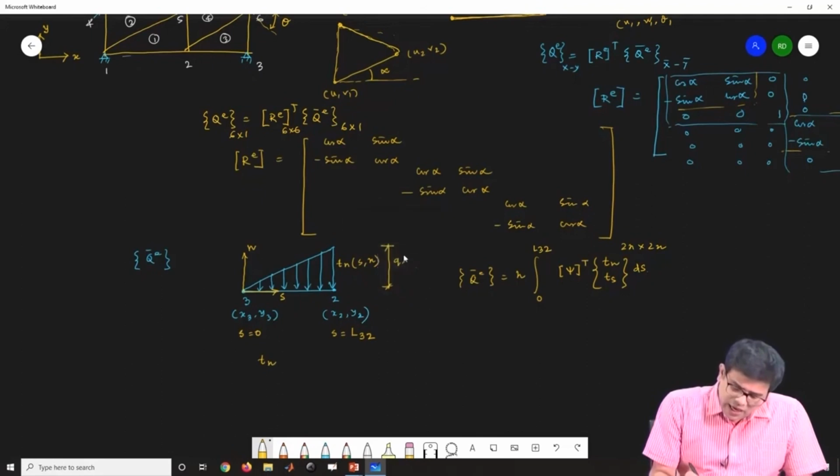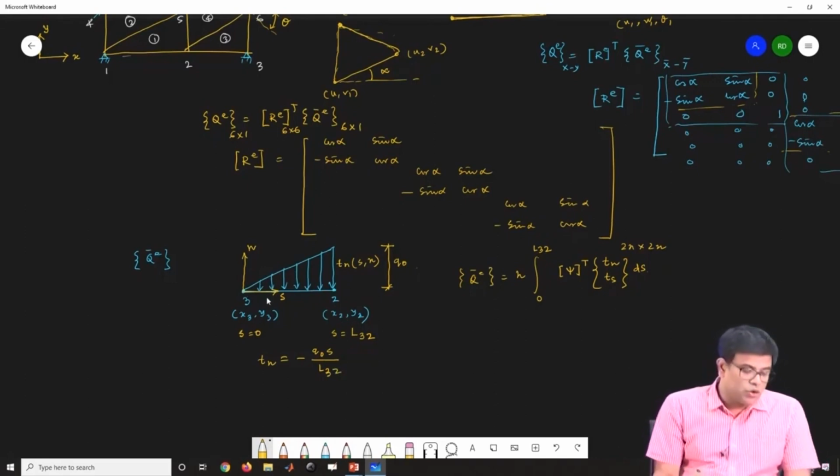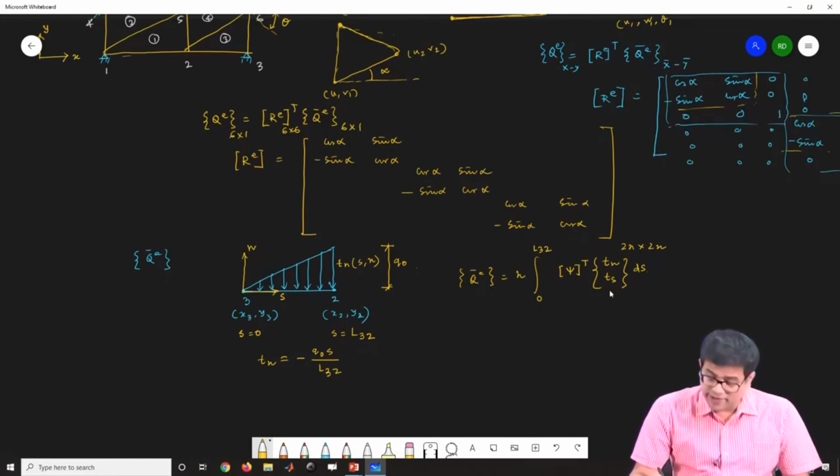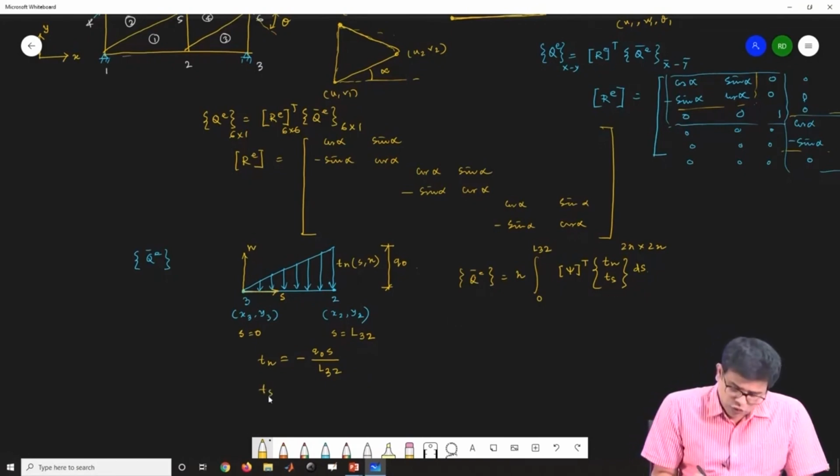Now naturally I can say my Tn is actually minus, because it is on the negative side, Q0 S into L by 3 2, where 3 2 is the length of this side. So Q0 over L32 is my Tn. And Ts is actually 0, because there is nothing there, so I can make Ts 0.